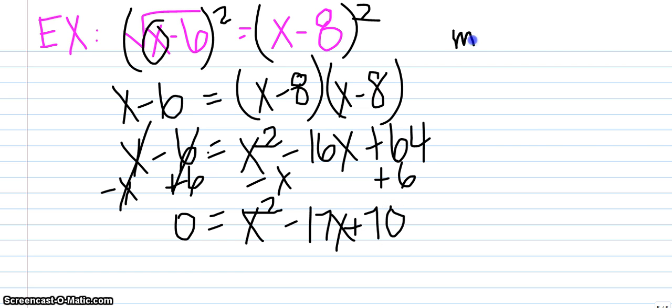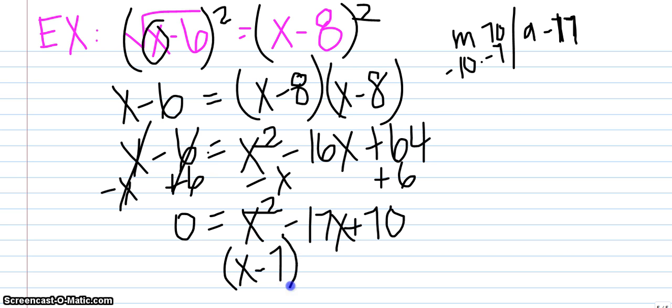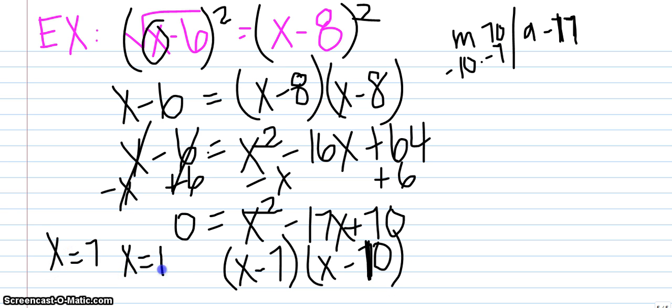So I need to see what multiplies to 70 and adds to a negative 17, which would be negative 10 times negative 7. So my factors are x minus 7 and x minus 10, which would make my solutions x is equal to 7 and x is equal to 10.